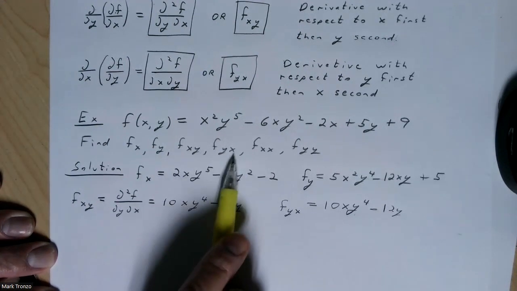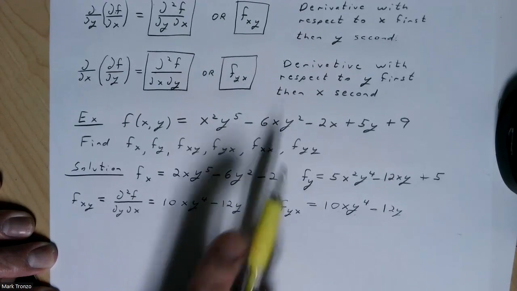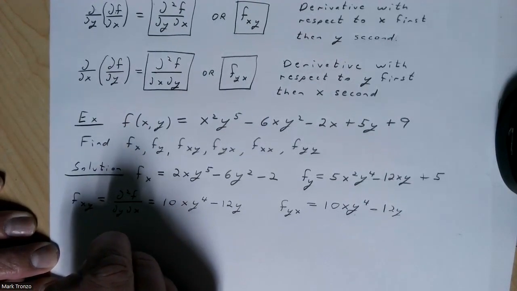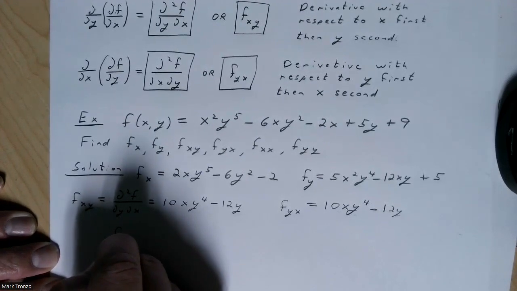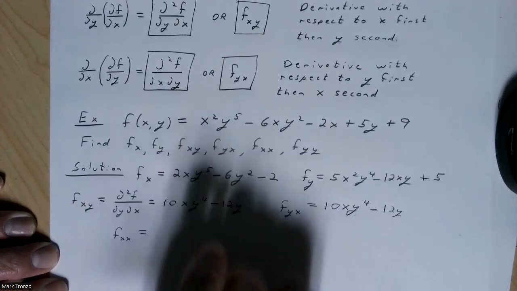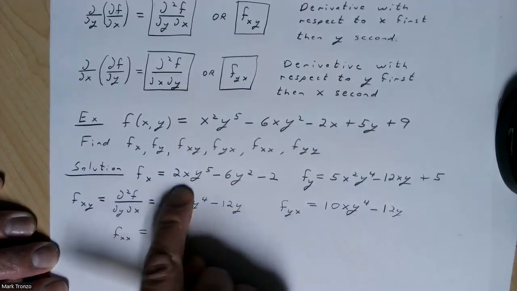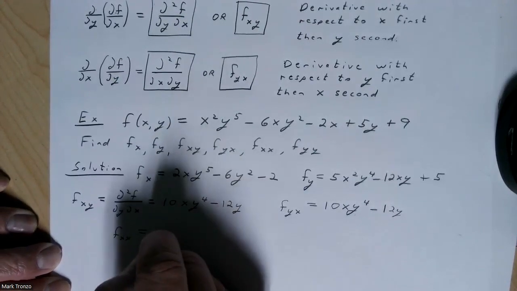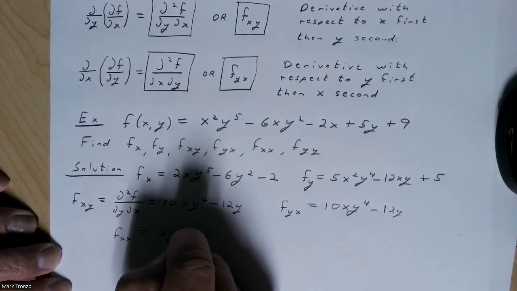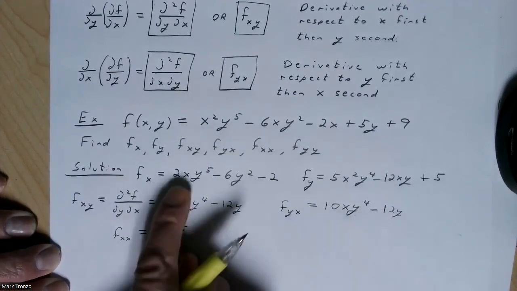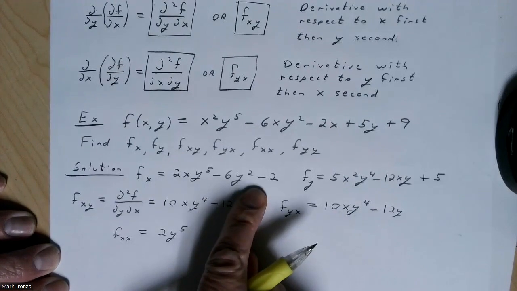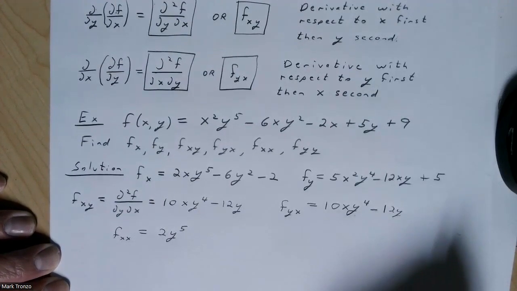So finally, we want to do the fxx. That means we go back to this one, take another derivative with respect to x. So it's going to give us 2y to the fifth. We take the derivative of that with respect to x. 0, 0. I guess that's all we have.